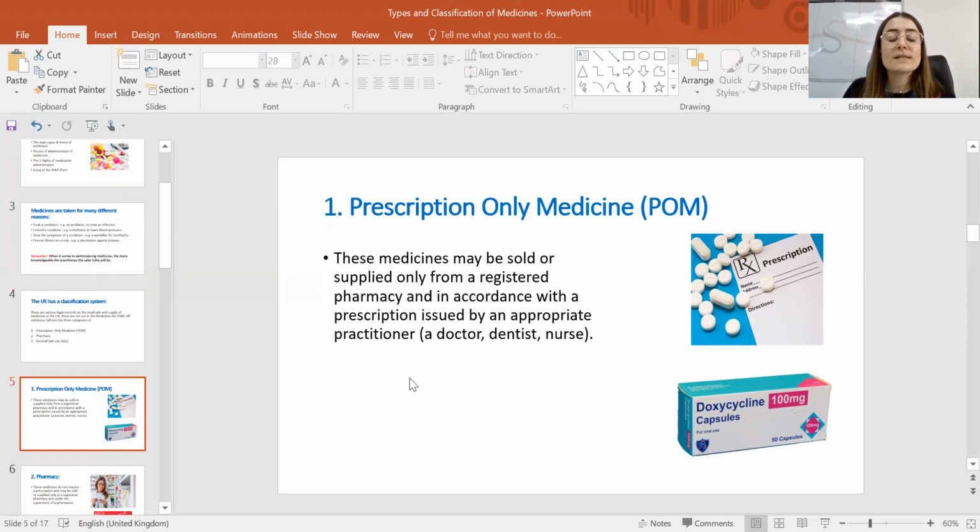In general, these medicines are for serious health conditions, for example, kidney disease or heart disease. So it needs a prescription from a practitioner and also the pharmacist to supervise this medicine as well.